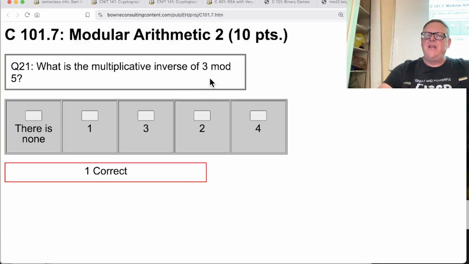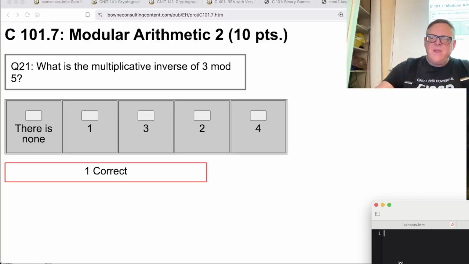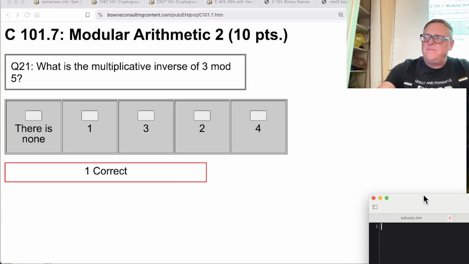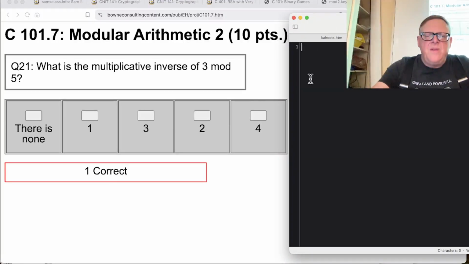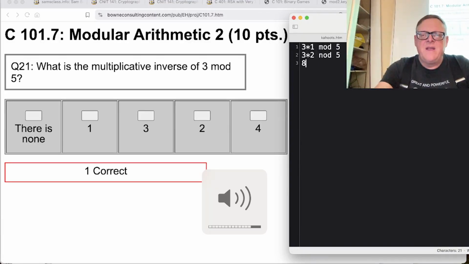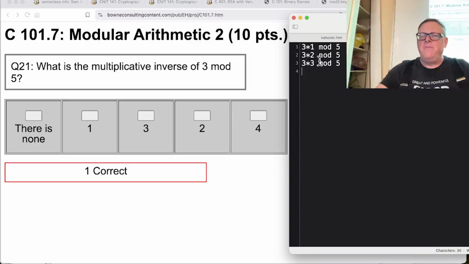All right, what is the multiplicative inverse of 3 mod 5? Now, let me show you how I'm going to do this. I'll show you the method. You take 3 times 1 mod 5, and then 3 times 2 mod 5, and just keep trying more of these. 3 times 3, until you get an answer of 1. Just try all the possible values, and there aren't that many.